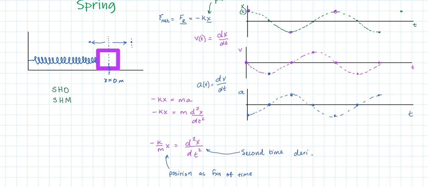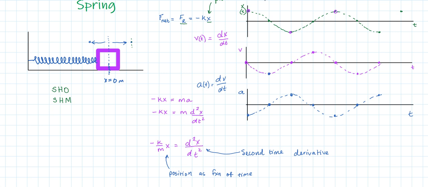So if we're thinking of a general solution to this second order differential equation, remember we'd be solving for this x, the general solution says this function has to equal its second derivative but negative.